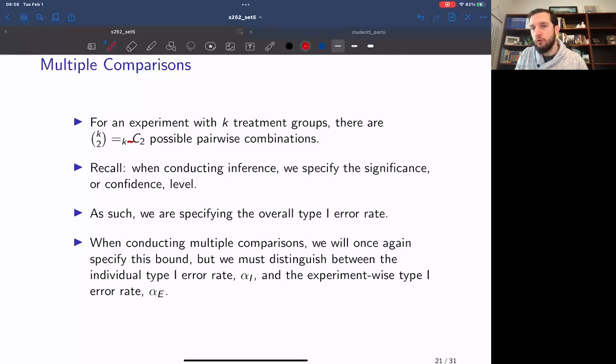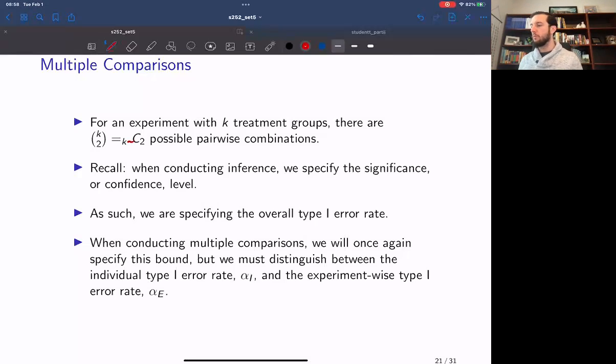In order to control it, we have to distinguish between what we call the individual type 1 error, so this is the type 1 error of each multiple comparison, and the experiment-wise type 1 error, which would be the type 1 error of the entire process that we are undertaking.